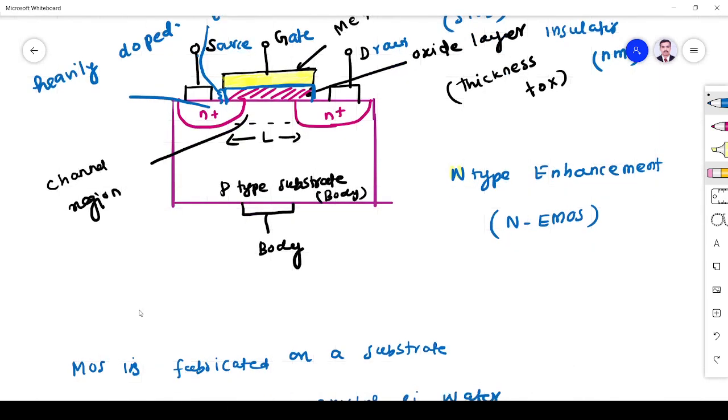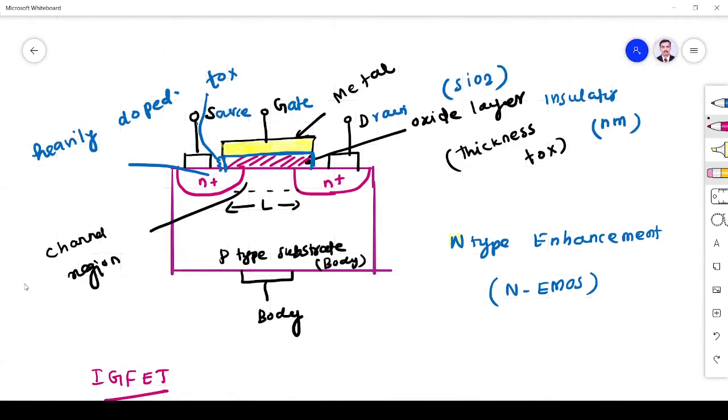MOS is also known as insulated gate FET, because we know that the gate is insulated from the substrate. You see gate, then we have one oxide layer which is acting as an insulator. So the gate is not at all connected to the device, so it is called insulated gate FET.